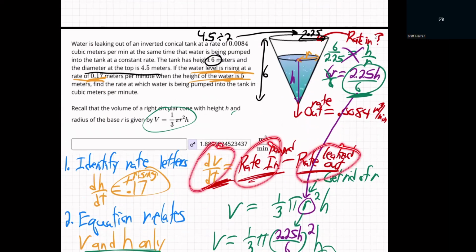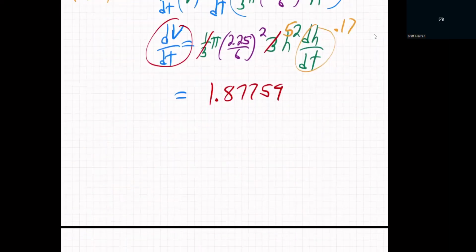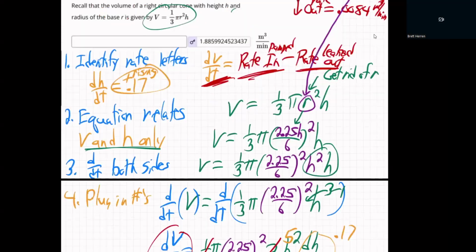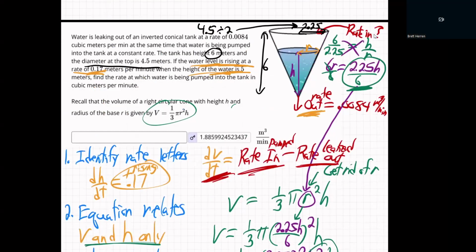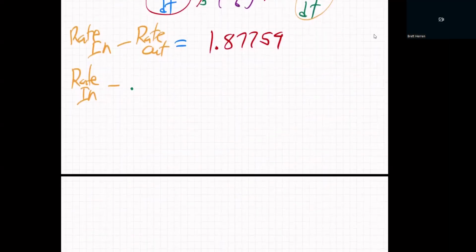So this is going to be rate in minus rate out. And specifically, I know the rate out. They told me. The rate out is 0.0084, right? It's leaking out 0.0084.